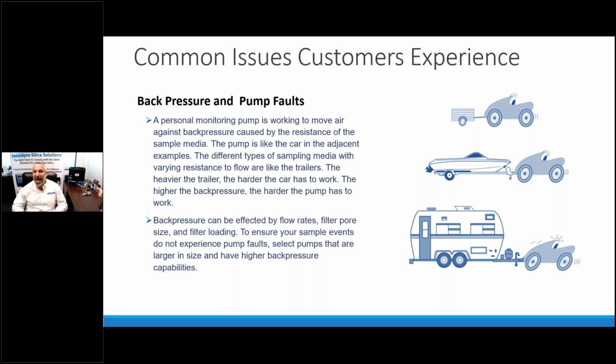One, it drains the battery quicker, and two, it can stress the motor to the point that it's going to fault out. So it's important to keep an eye on and have a general understanding of the work environment to make sure that you're using the right pump, the right filter, as well as the right cyclone and flow rate that will work best in the environment that you're sampling in.